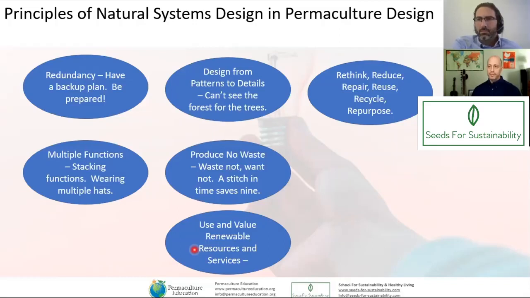Unlike most resources, plants and animals are not only renewable, but regenerative. They replace themselves. So that's the ultimate in renewable resources. Examples of this principle use biological resources: fruit and nut trees, manures, compost, draft animals, worm composting.